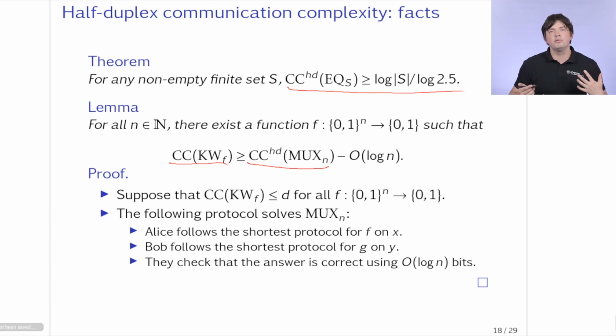And this proof doesn't work in normal complexity because, suppose the protocols for F and G were such that one was starting with Alice sending a bit, and the other one was starting with Bob sending a bit. Then what we're describing is not quite a protocol, so you just cannot do that. But in the half-duplex world, you can do that, absolutely.